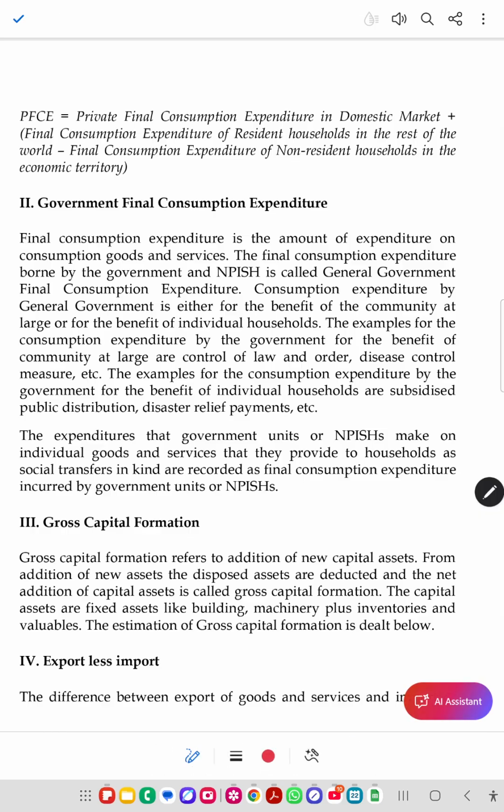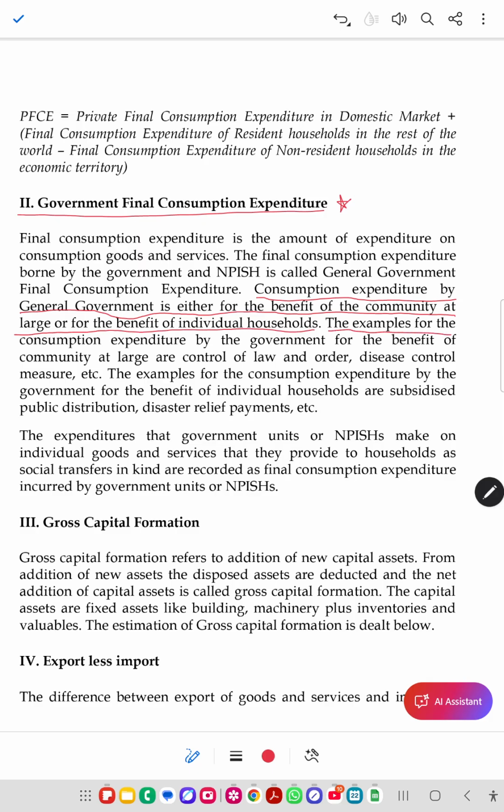Next part is government final consumption expenditure. Final consumption expenditure is the amount of expenditure on consumption of goods and services. The final consumption expenditure borne by the government and NPISH is called general government final consumption expenditure. Consumption expenditure by the central government is either for the benefit of the community at large or for the benefit of individual households.